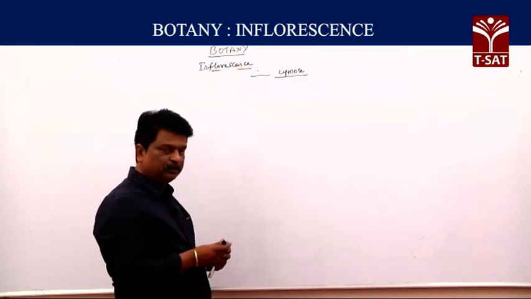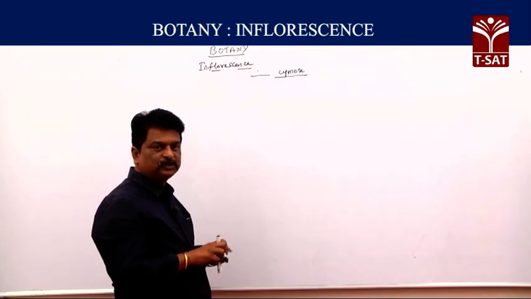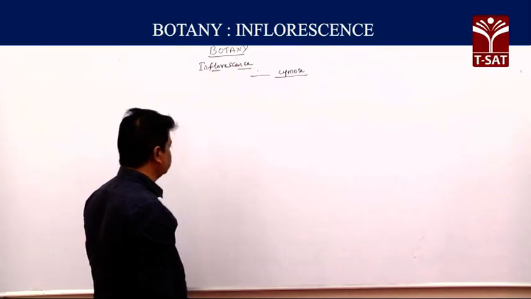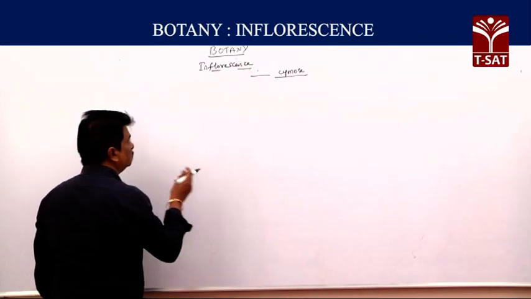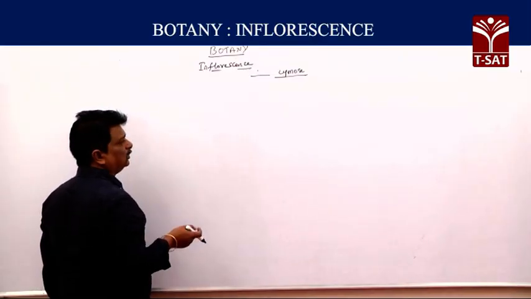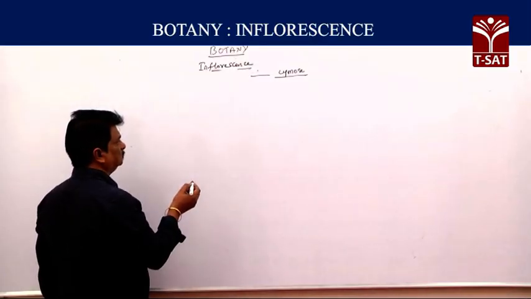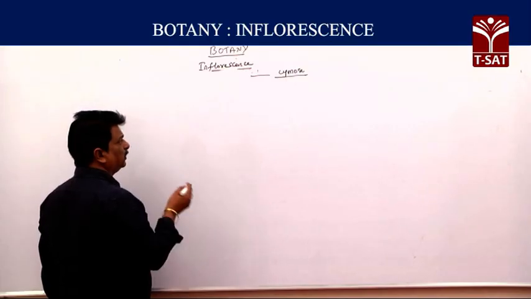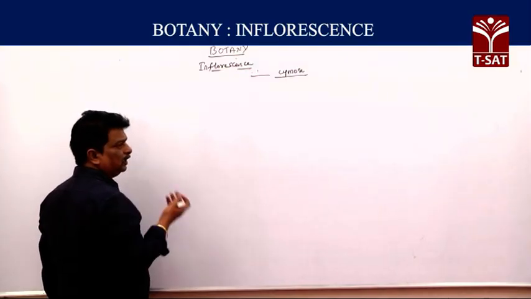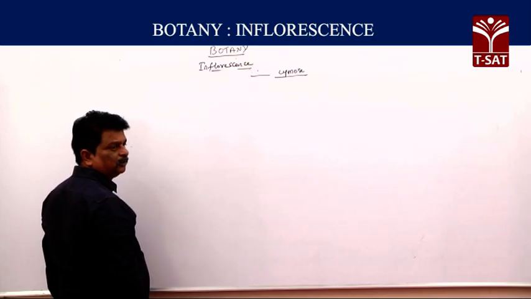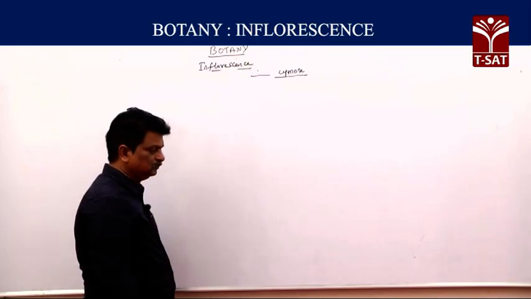So next, the second type is cymose inflorescence. In cymose, the peduncle shows definite growth, in which the apical bud ends with a permanent structure like a flower.